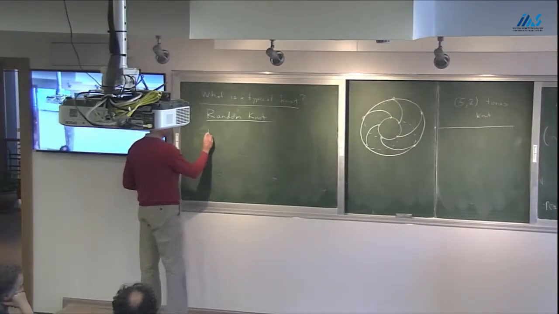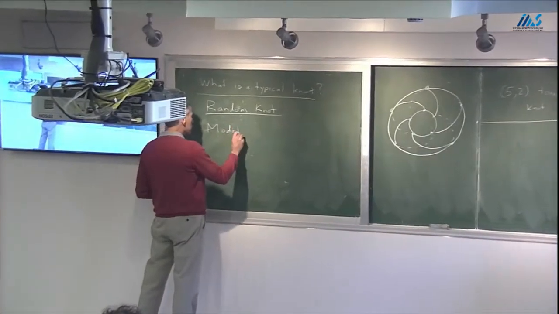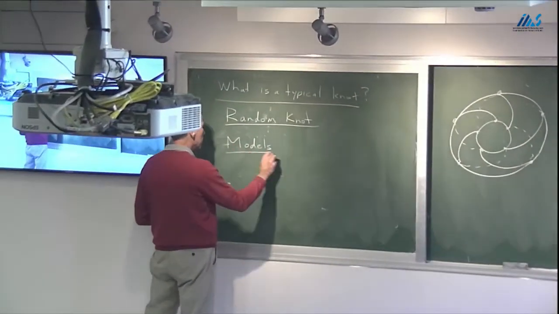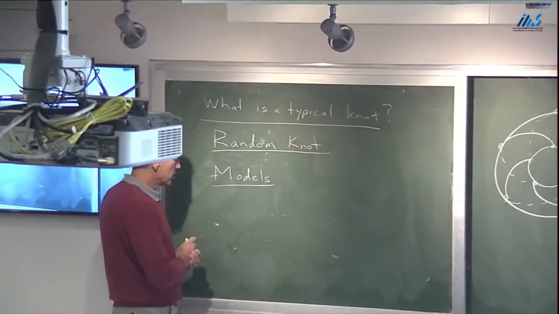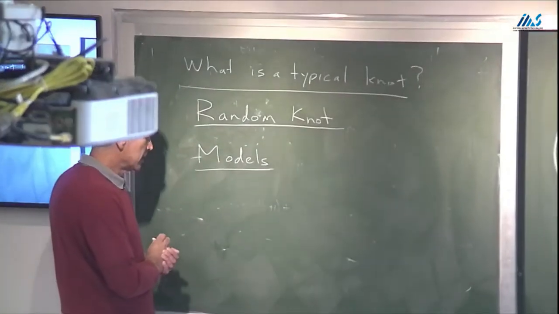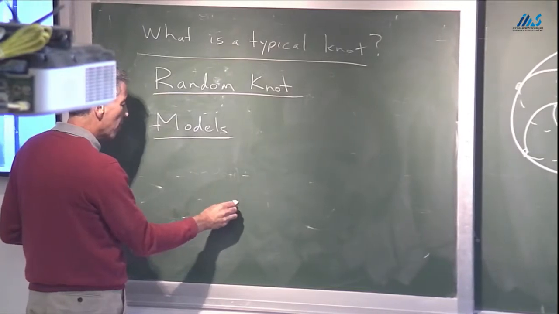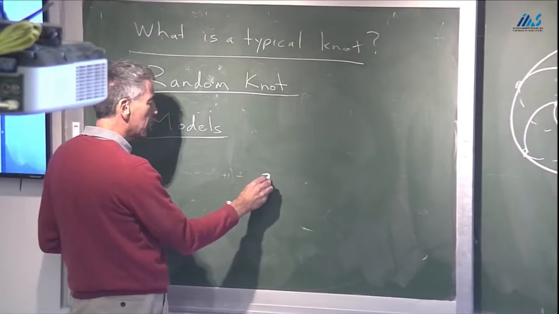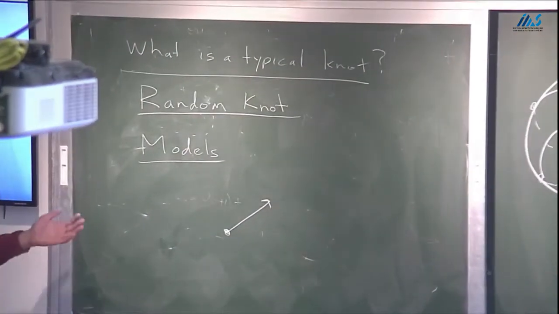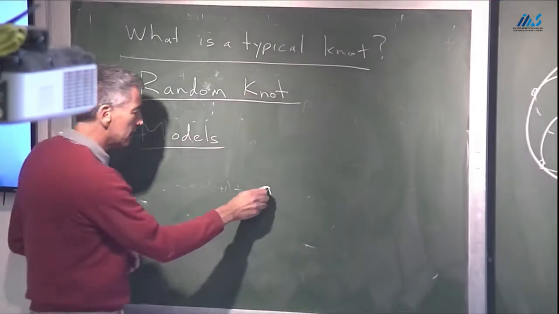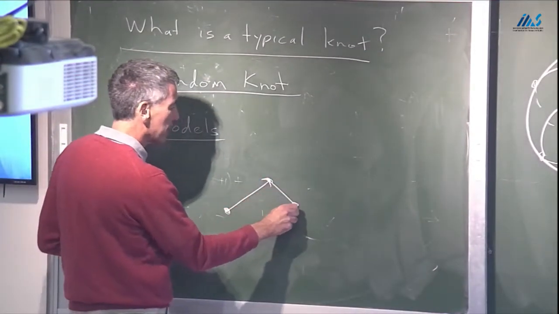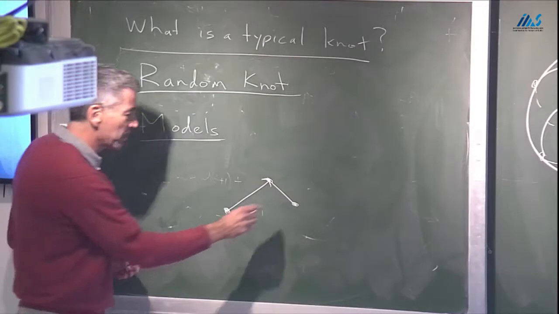There are several models. Hai mentioned some of these models for random knots. For example, one natural model involves starting at a point and then taking a step of Gaussian length in a random direction, and then taking another step of Gaussian length in some random direction.